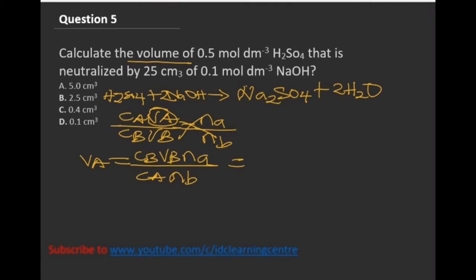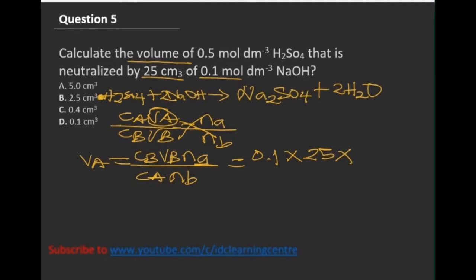So what is the concentration of base here? It is 0.1. So we say 0.1 times volume of base. The volume in cm cube is 25 times the number of acid. So from the question, this is the acid, the number of acid, there is no value here.